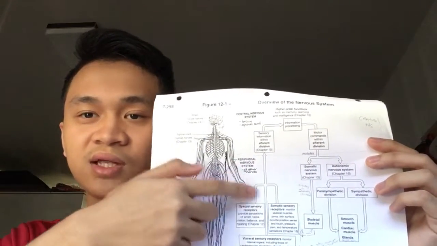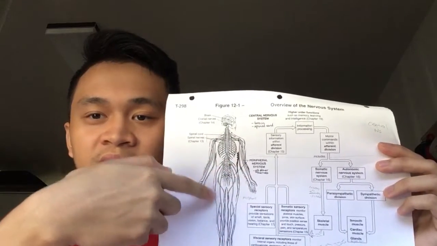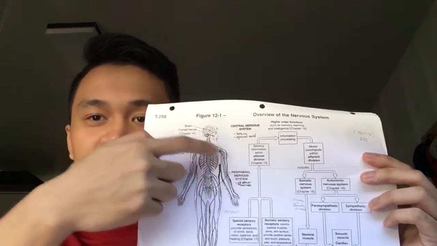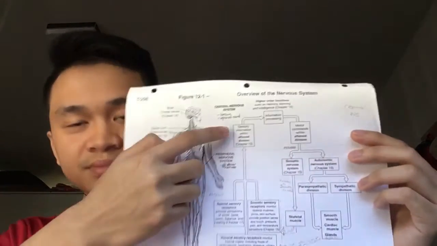It sends that information from your peripheral nervous system, all the nerves on your body, to your central nervous system. In other words, your brain and your spinal cord receive that information.